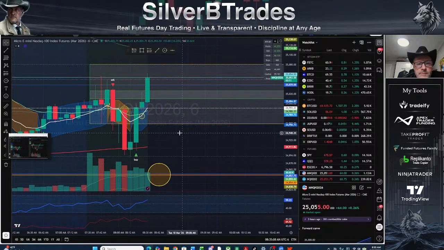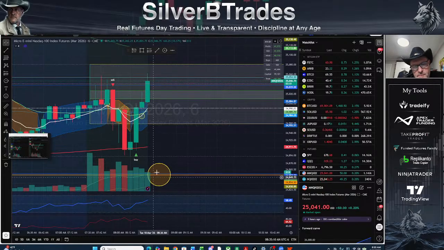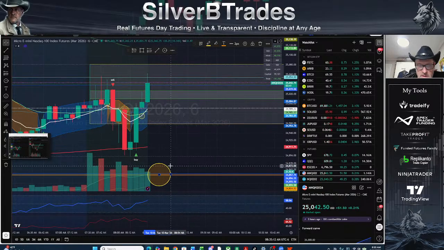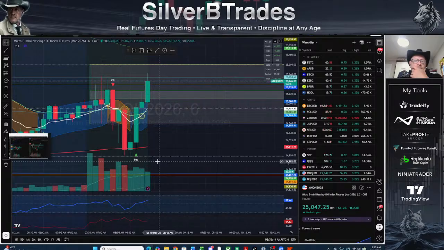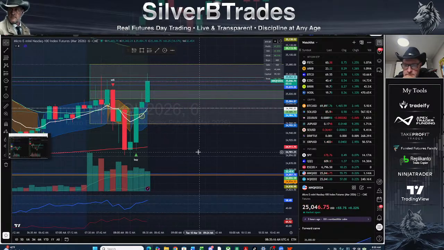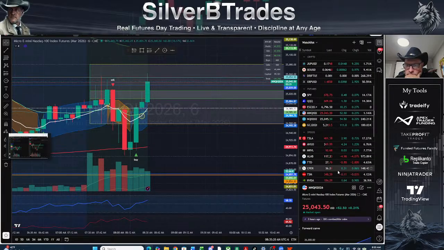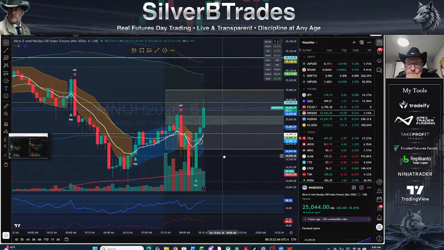Where's the volume on this candle? I think it may just be the QQQ options. They're definitely messed up. The bid's at 642 and the ask is at $5.